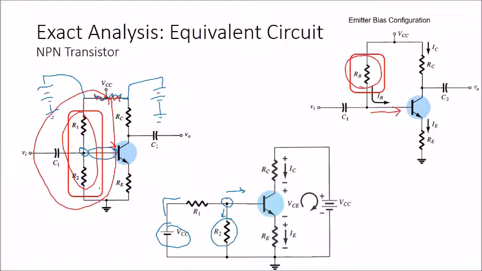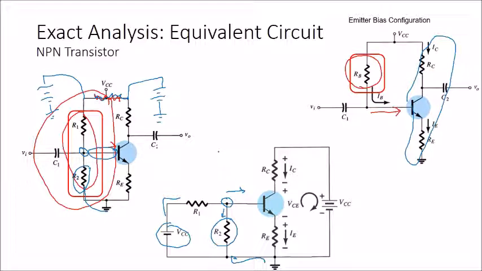So this is the equivalent circuit, connecting to R2, and then from R2 connecting to the ground here. So this is the ground. This is for the BE loop, and for the CE loop, it is the same as the emitter bias configuration. This is the equivalent circuit.